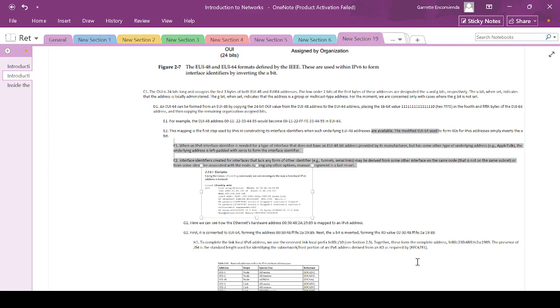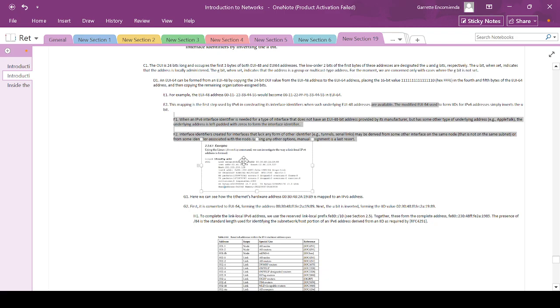So this is how the 128-bit address is assigned to a link local, or to provide that unicast address to the device. So the first step is the EUI-48 address converted to 64, and then forming the IID for IPv6 addresses simply by inverting the U bit. To form the 64-bit IID, you need to invert the U bit from this conversion.